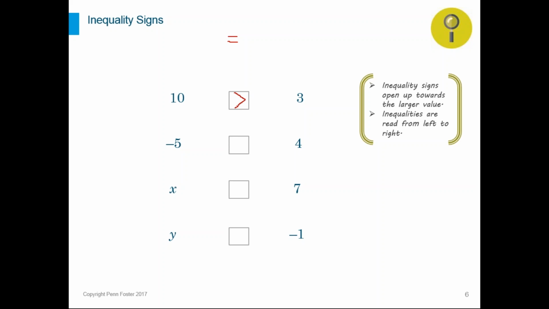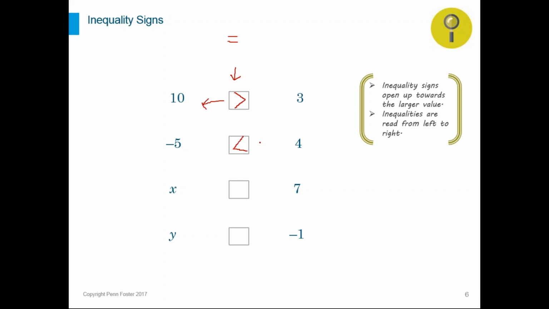So -5 and 4, and of course -5 is less than 4. Now, how do you decide which sign you put in the middle to make this statement true? The rule of thumb is the sign opens up towards the greater value, and that's why we have this sign open up towards the 10, because 10 is greater than 3.